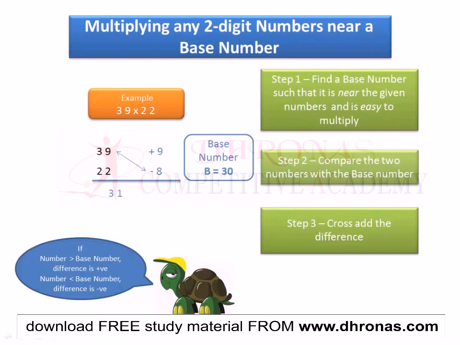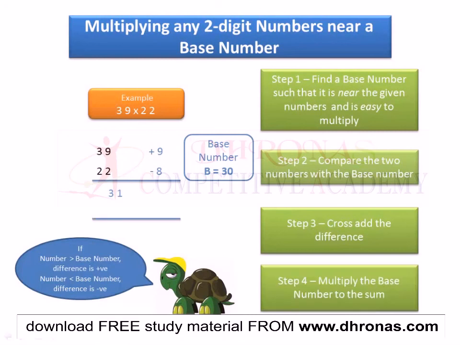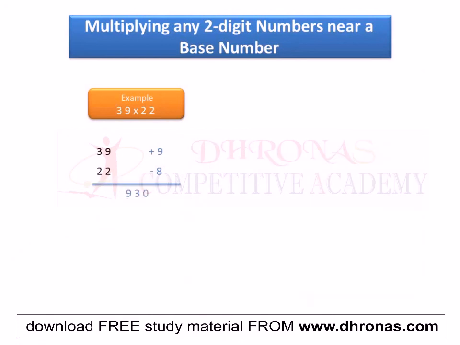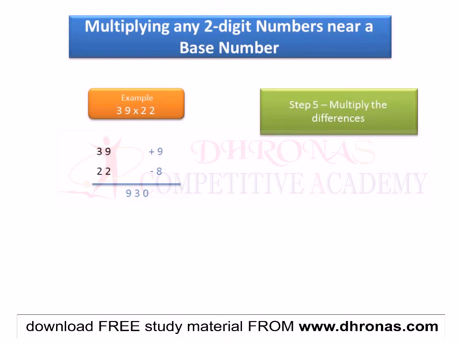The next step is to multiply 31 with the base number 30. 31 times 30 is easy to do. It is 930. Now we take this 930 and proceed to the next step, which is multiplying these differences. Multiplying the differences, which is multiplying 9 and -8.